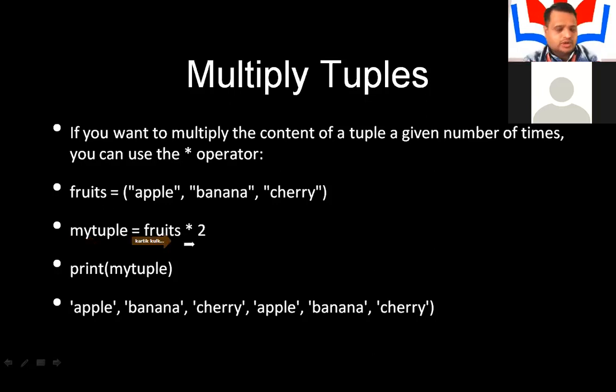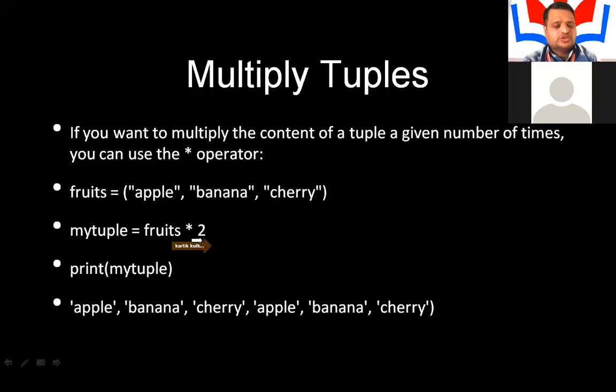The important thing to notice here is that I am going to specify the asterisk operator, which corresponds to multiplication, followed by a number. The syntax for multiplying tuples is tuple name, asterisk, and then however many times you want the tuple's elements to be repeated.